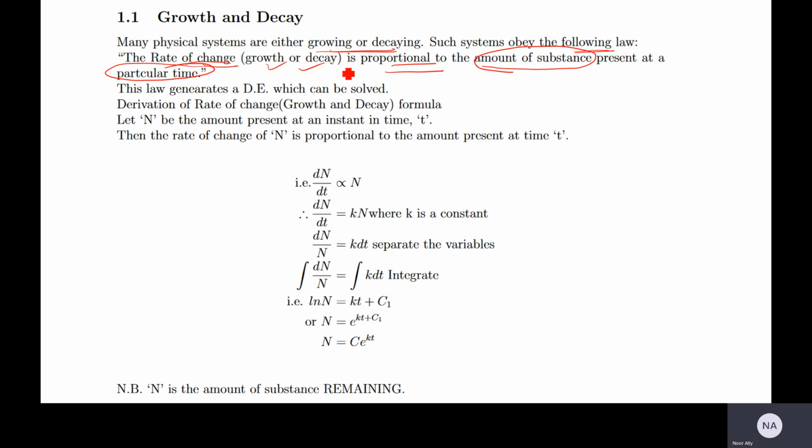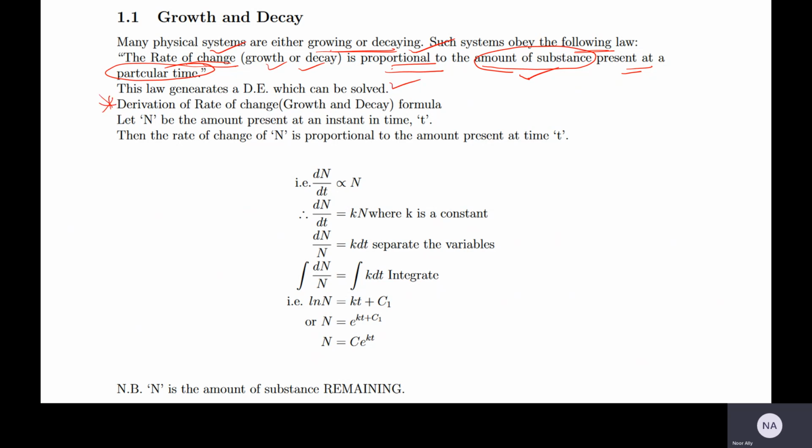So we know about rate, bring in proportional and the constant and the amount of substance at a particular time. This law generates a differential equation which can be solved.